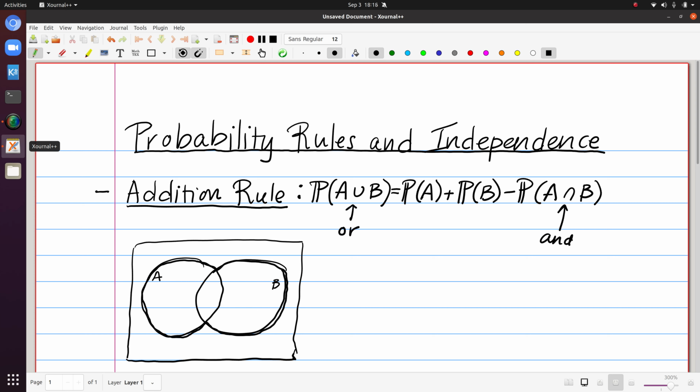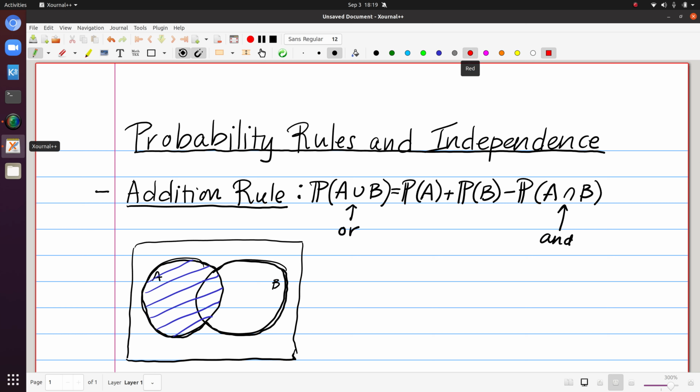Now, a common misconception is I'll see that people will leave off the minus the probability of the intersection. And I want to point out it's important that we're not saying that you can't satisfy the being in the union by being in the intersection. Of course, we can see that that's certainly true in my picture. The overlap of the two circles would be the intersection, and that does sit inside of the union. But instead, if I think about adding up the probability of A, I'm going to add up every outcome that sits in here.